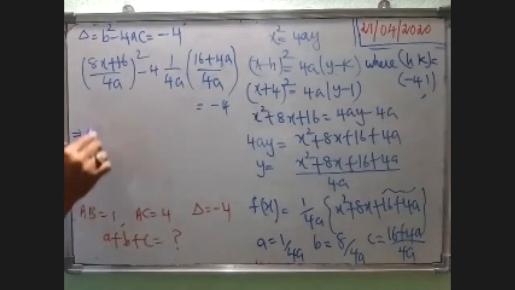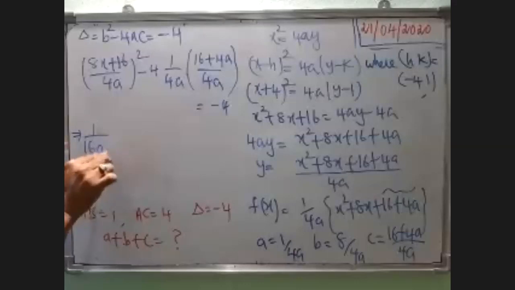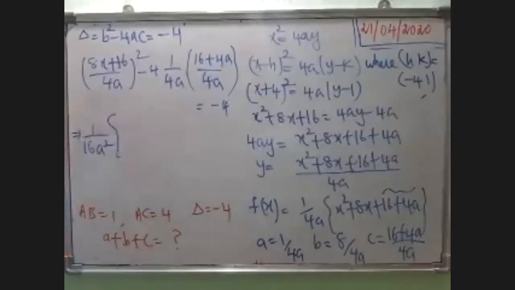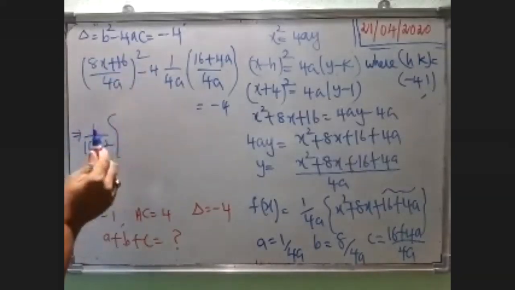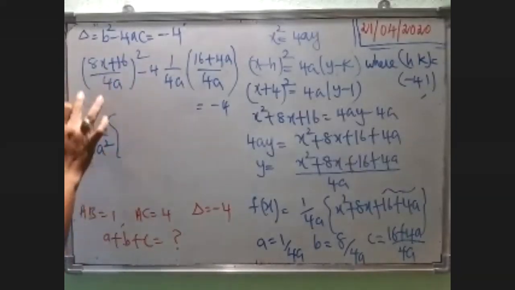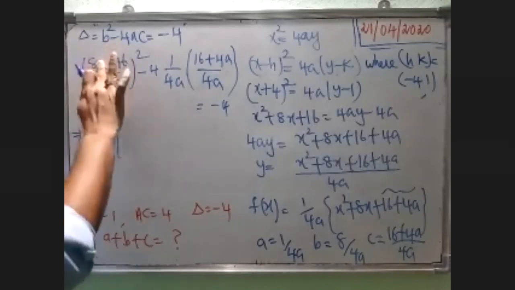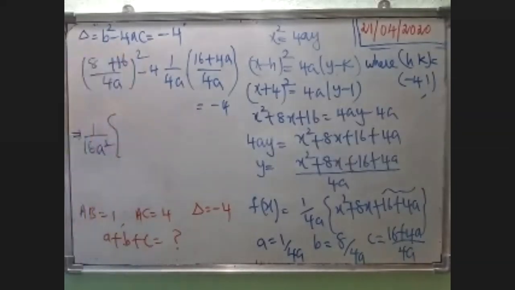This implies 1 by 16a square is common. 4a square, 4a square, 16a square. The b value is 8 by 4a. Sorry, it's wrong here. b square is 8 by 4a whole square, it's not 8 by 16.